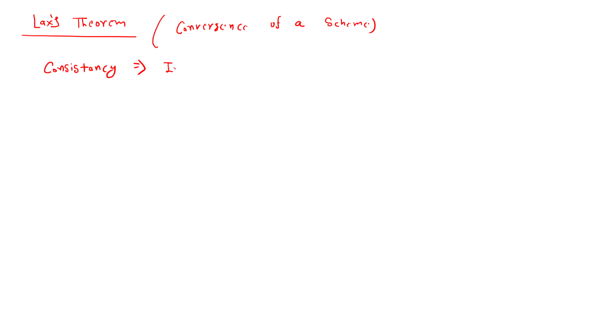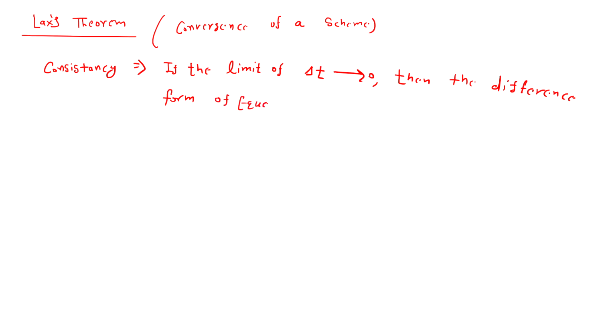That if the limit of delta t tends to 0, then the difference form of equation will approach the differential form. What does that mean?